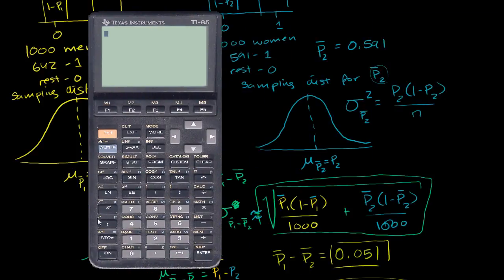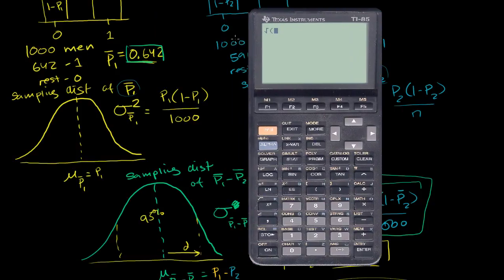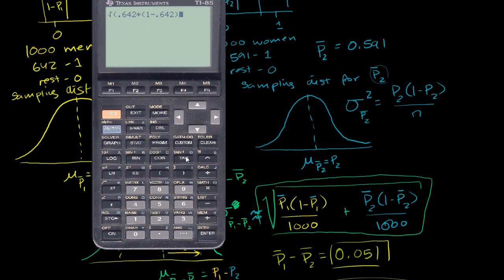So what we have is the square root, and then in parentheses, our sample proportion for the men is 0.642, and then we're going to multiply that times 1 minus 0.642, close parentheses. That's that over there, divided by 1,000.